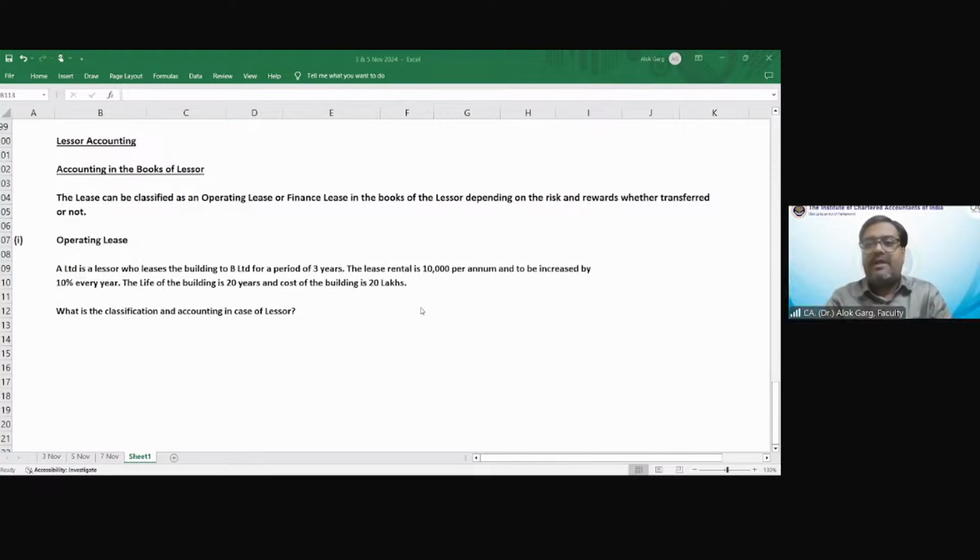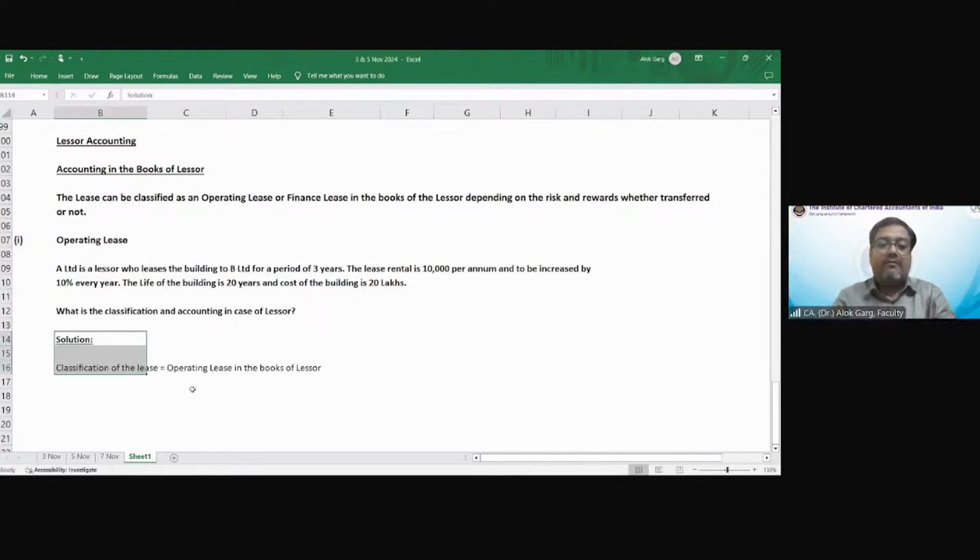The cost of the building is 20 lakhs. The asset is not of a specialized nature and the purchase option is also not available. So this is an operating lease. Solution: classification of the lease is operating lease in the books of the lessor.